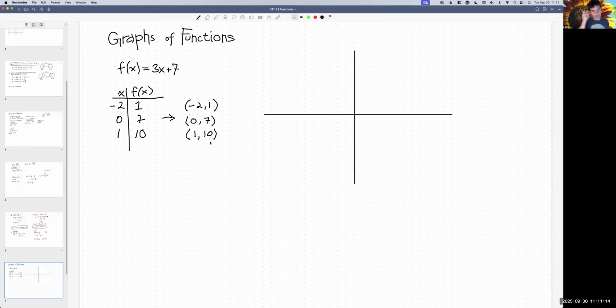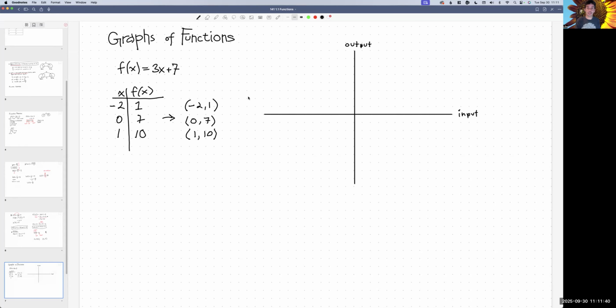And so hopefully you've seen this setup before. The horizontal axis, we often call the x-axis. I want to be just a little more general because we don't necessarily have to use x, though we typically will. But it's conventionally used to show the input, and the vertical axis is conventionally used to show the output.